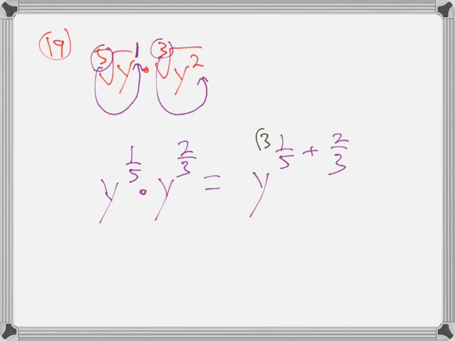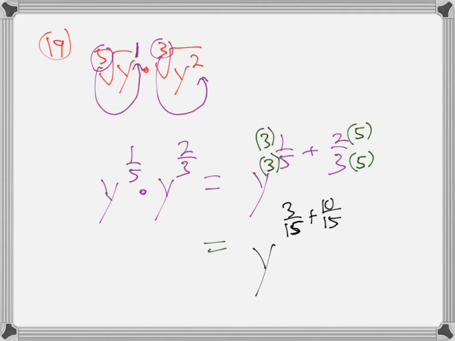Top and bottom by 3, top and bottom by 5. And so what do we get? y to the 3/15 plus 10/15. Tracking with me? That's y to the 13/15.